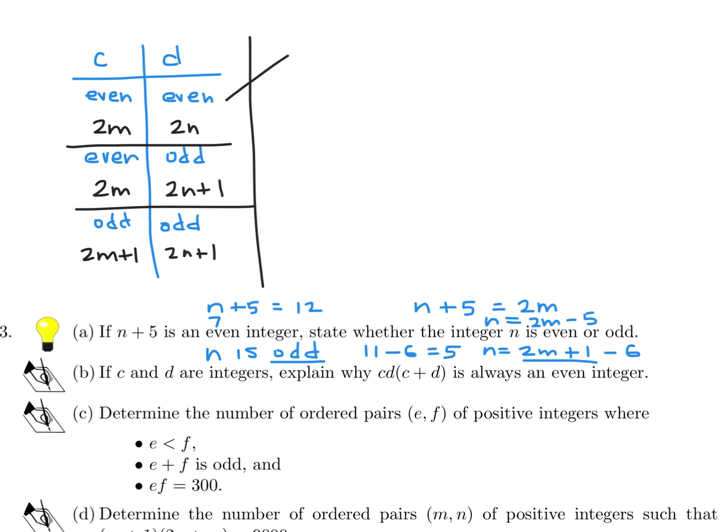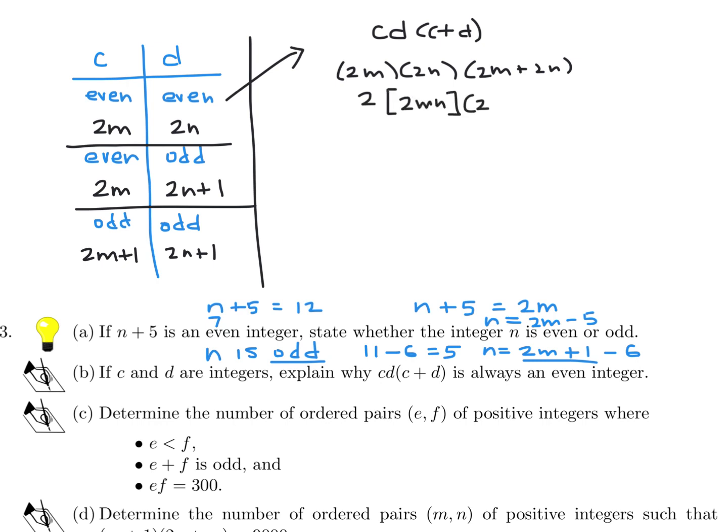Okay, so let's do scenario 1. And remember, we're calculating CD times C plus D. All right, so let's see what happens. So we have 2m times 2n times 2m plus 2n. And this becomes, what does it become? 2 times 2mn times 2m plus 2n.